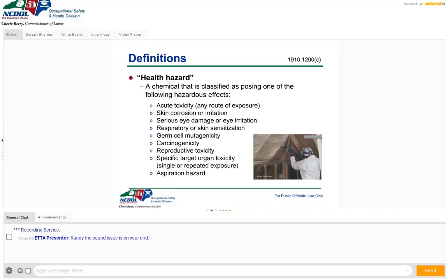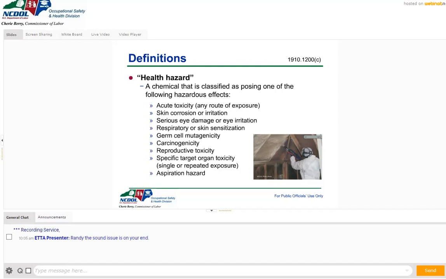Okay. Health hazard. The chemical you're working with could make you sick or do something to you right away, like acute effects. It could affect your skin. It could eat into your skin or irritate it, or cause eye damage. If you breathe it in, it's bad for you.